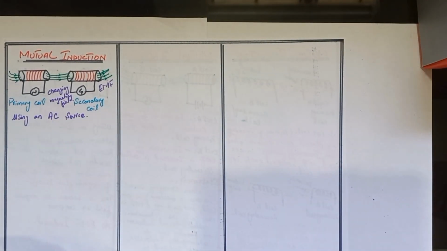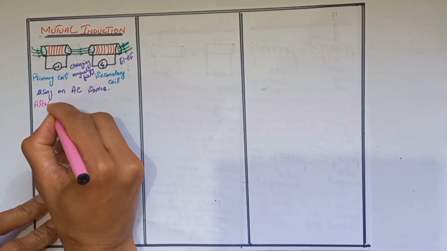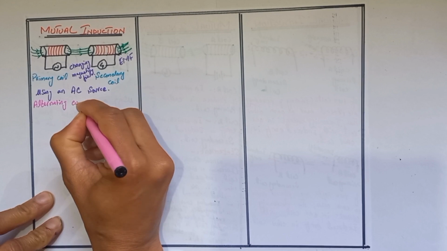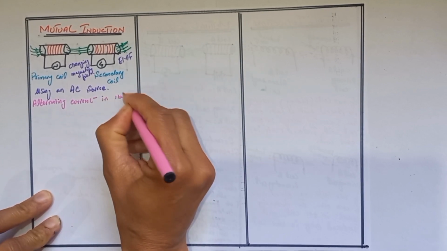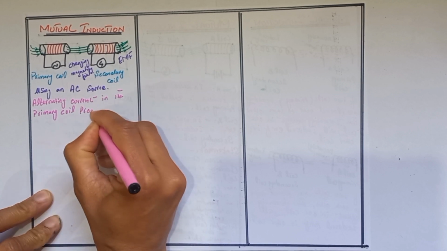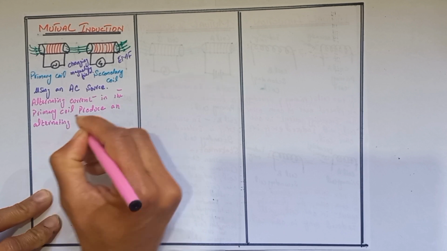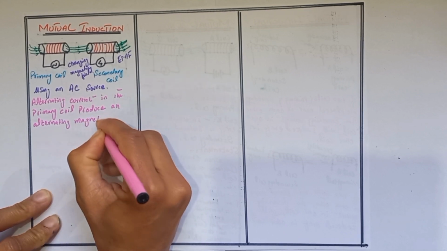So here we write: alternating current in the primary coil produces an alternating magnetic field.